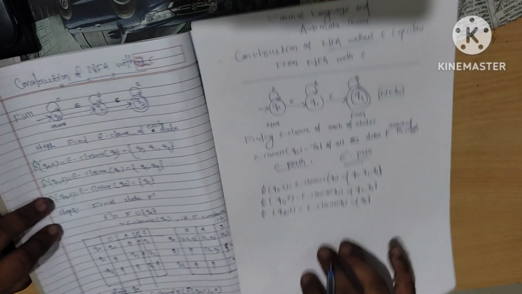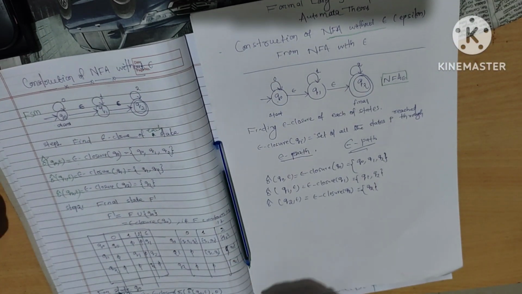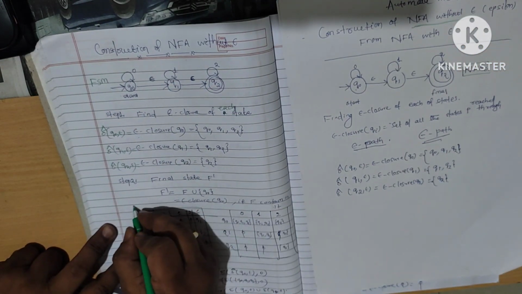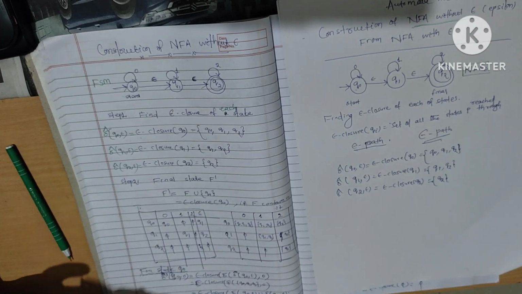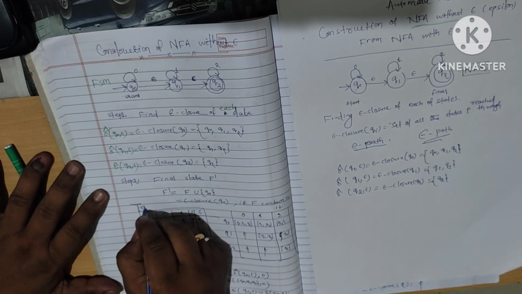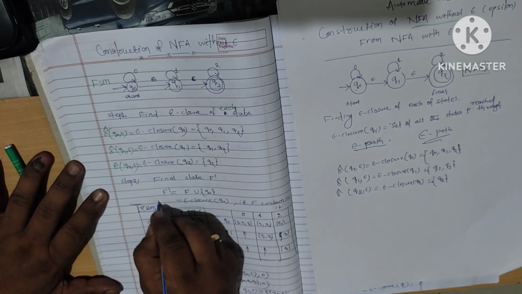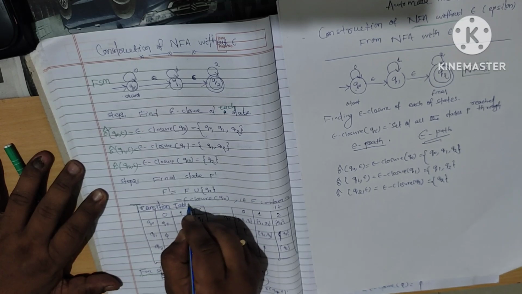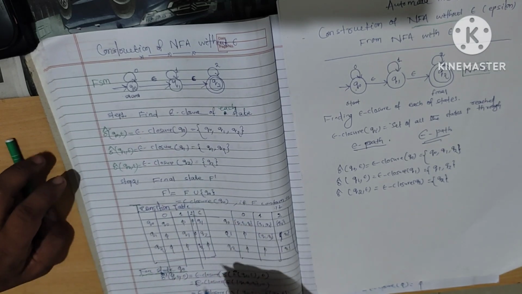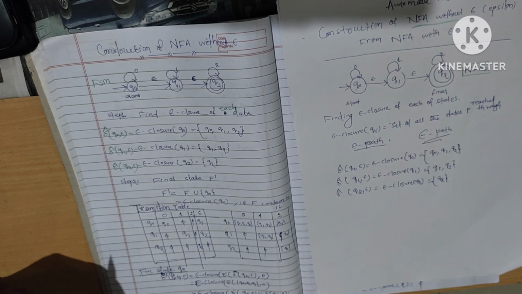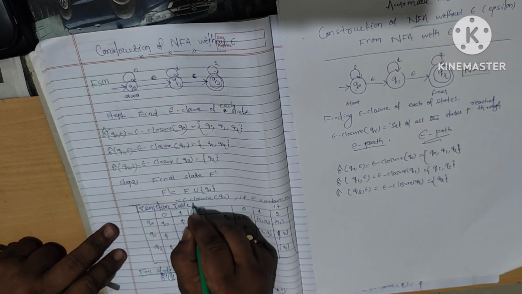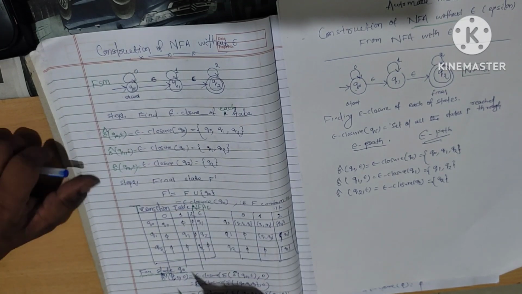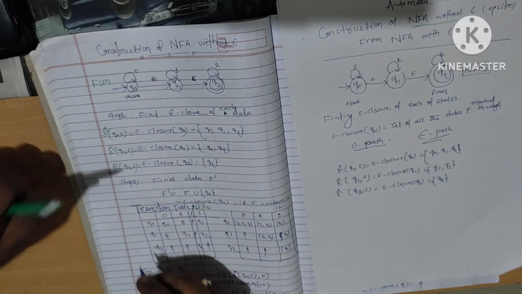One more thing you can do is construct the transition table for this. You can construct the transition table for the NFA with epsilon. So what have we written here?